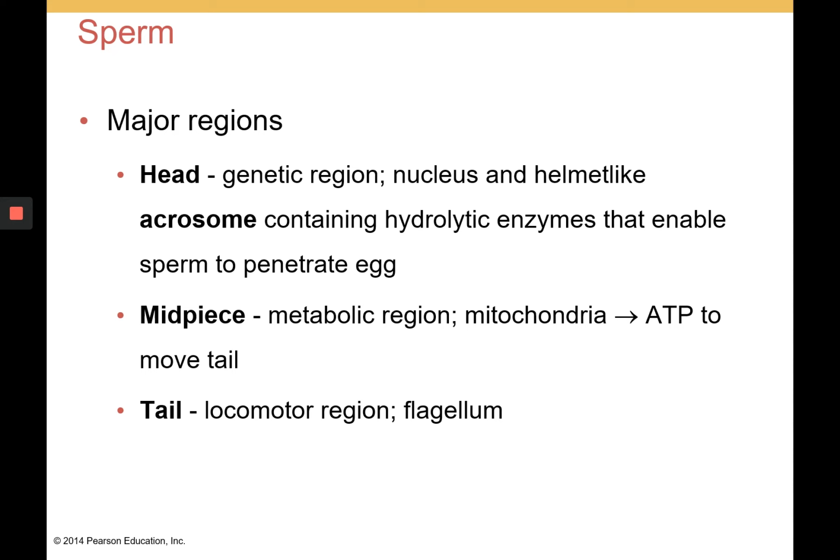It contains a nucleus but also a helmet-like acrosome that contains hydrolytic enzymes that are able to penetrate an ovum. The midpiece is where the mitochondria are. It's the metabolic region, so it has ATP that will be used to generate movement of the flagellum. The flagellum is also known as the tail. It's the locomotor region, and it proceeds to move back and forth, or is whip-like, and is powered by ATP.